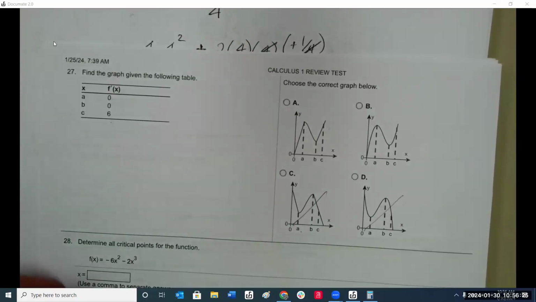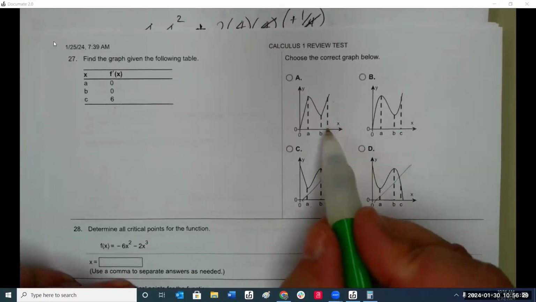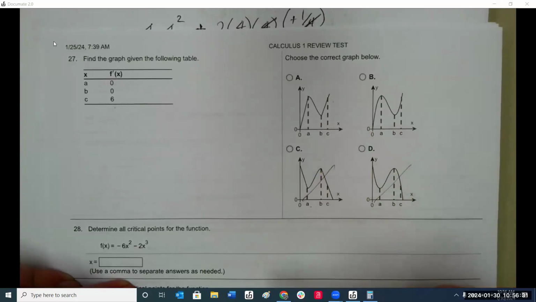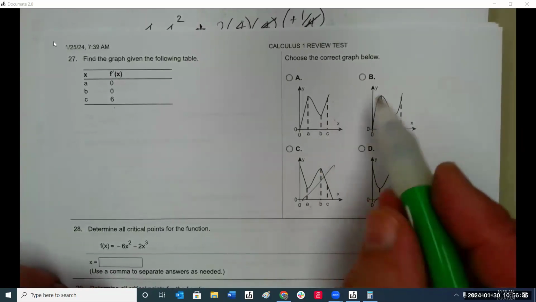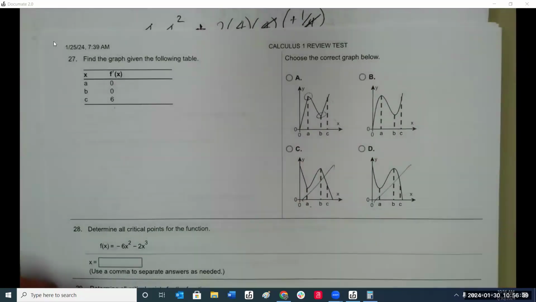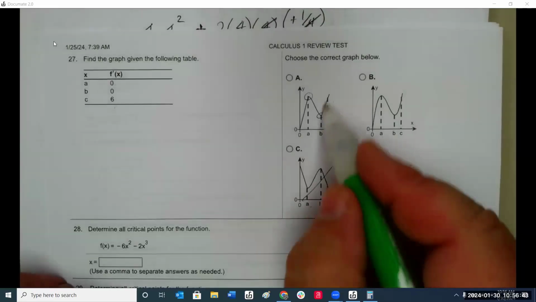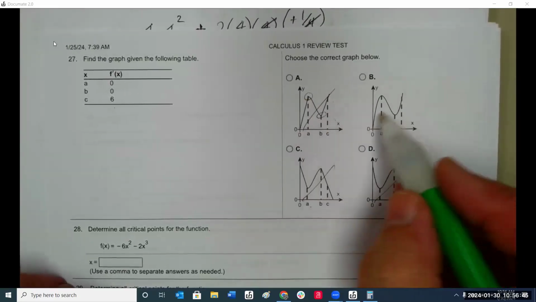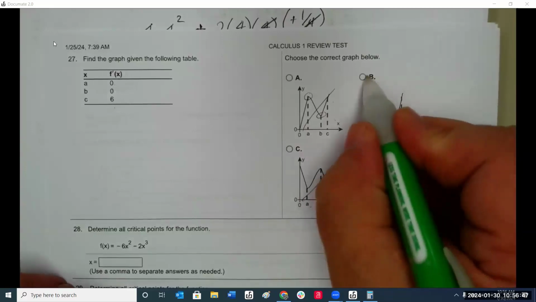It cannot be A, because you have solid points, which means there's no defined curve. It has to be a smooth curve. So the answer is B.